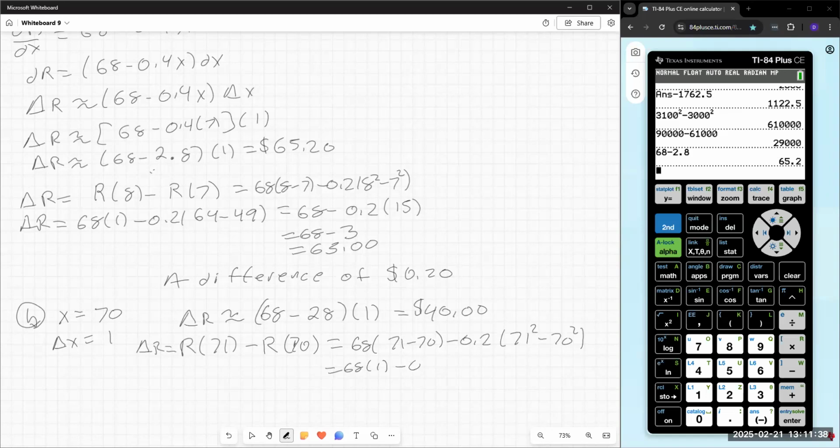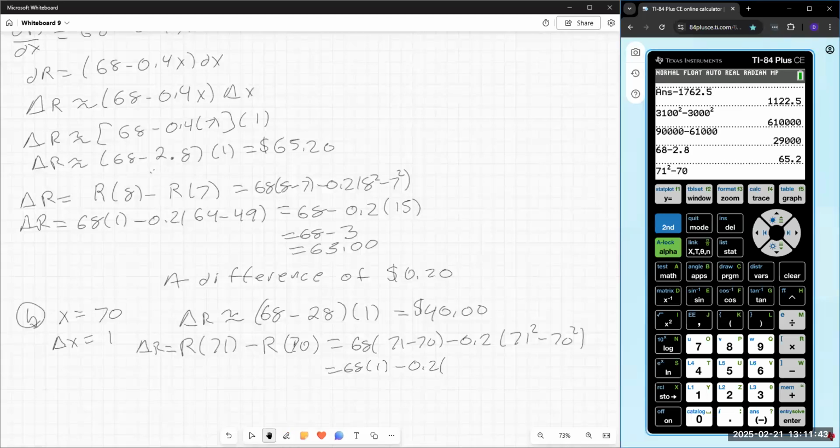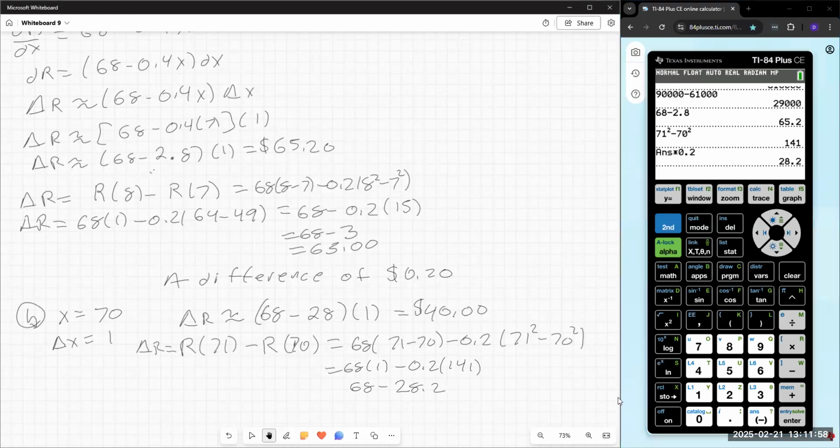So 71 squared minus 70 squared is 141. 141 times 0.2 is 28.2. 68 minus 28.2 is 39.80.